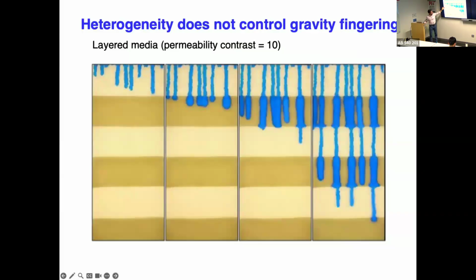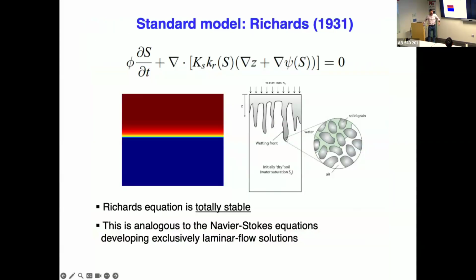This is very different. And if you introduce layering, for instance, you say, oh, well, I'm going to kill this instability. Not so. Locally, and we understand this well because the capillary forces are different, there's a swelling, or the width of these fingers increases in low permeability layers, but these fingers then just continue across the layers as if they never saw them.